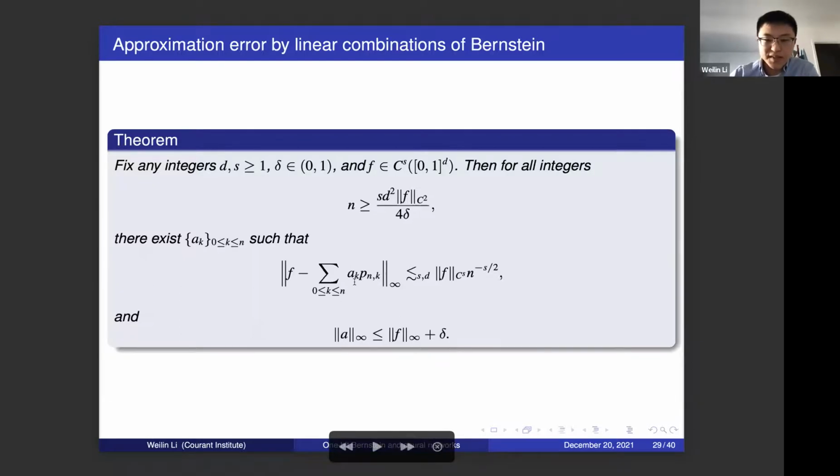And really the key here is that it's not that Bernstein polynomials are bad at approximating smooth functions. It's really that the Bernstein polynomial of f is bad at approximating smooth functions. So the key is that the a's are no longer f evaluated at k over n. They're chosen in some other way. Okay, so that's the approximation error.